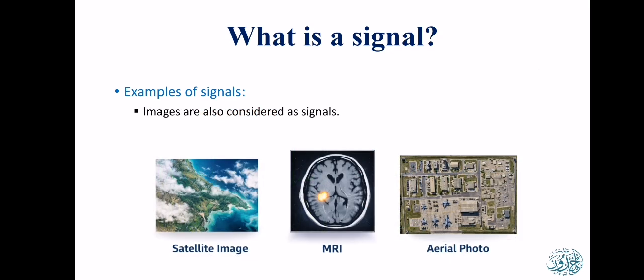Another kind of signal, perhaps less obvious, is the image. Here are some examples: a satellite image, an MRI scan, and an aerial view of what could be a military base, or indeed it is a military base. They all contain information.